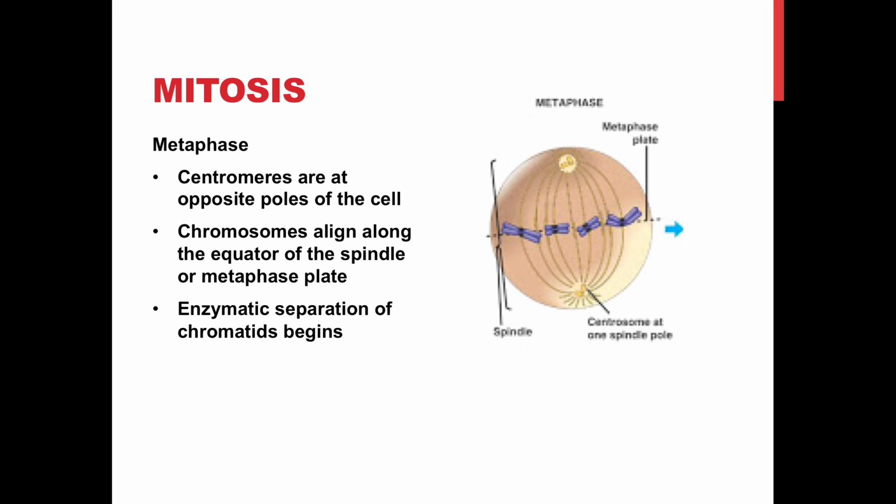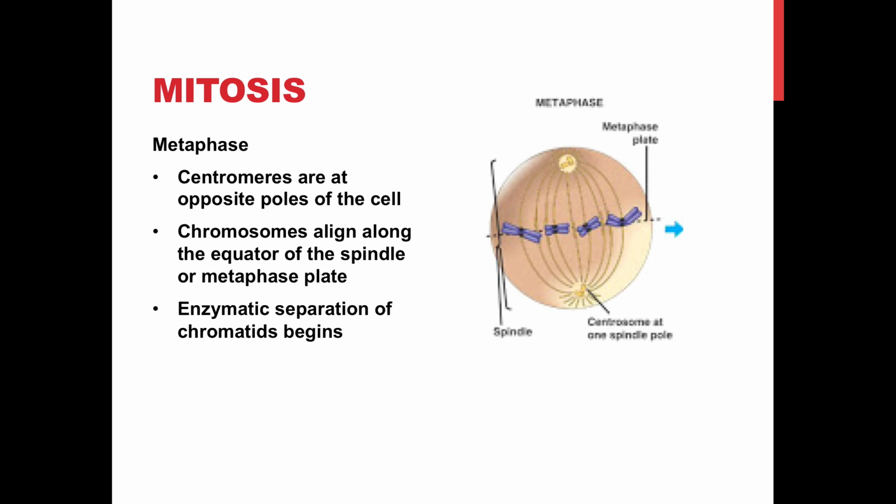All right, guys. In this slide, we see metaphase. If you look at the picture on the right, you'll see that the centrosomes are at the opposite poles of the cell. Their polar microtubules have been pushing them apart, which is creating two poles of the cell. It's starting to stretch the cell apart. Also, there are kinetochore spindles attached to the centromeres of the chromosomes.